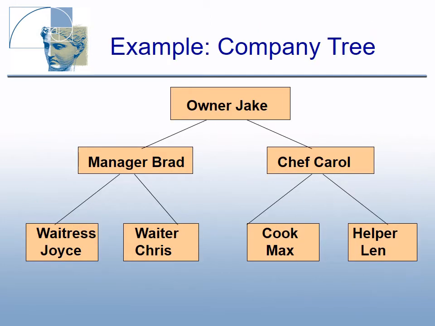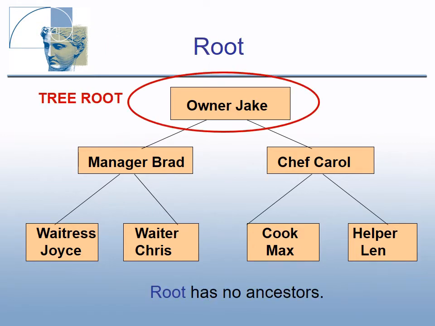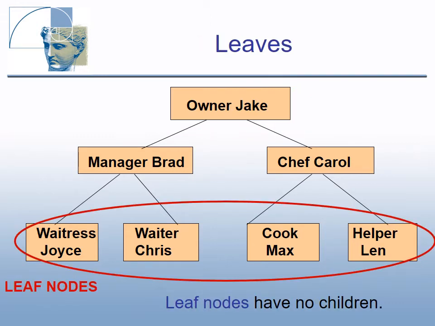Let's look at an example of a company's tree structure in the next few slides. This is the tree root. It has no ancestors. These are leaf nodes. Leaf nodes have no children.